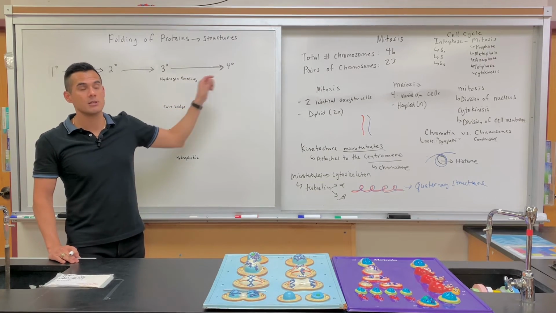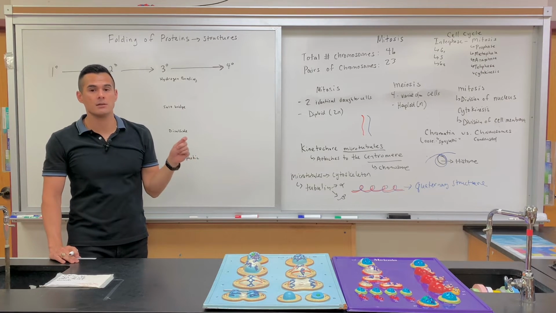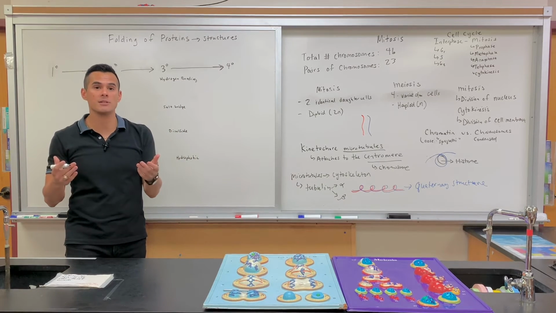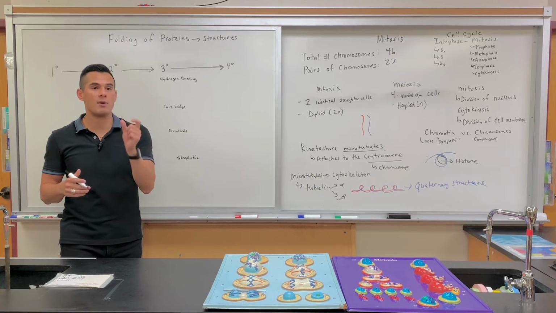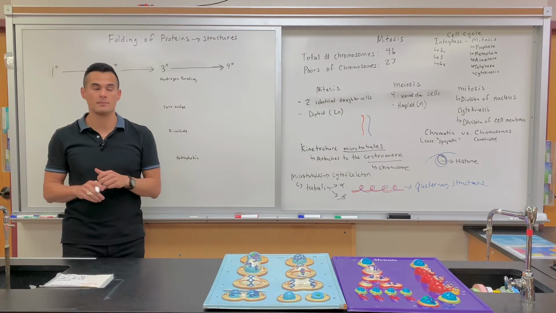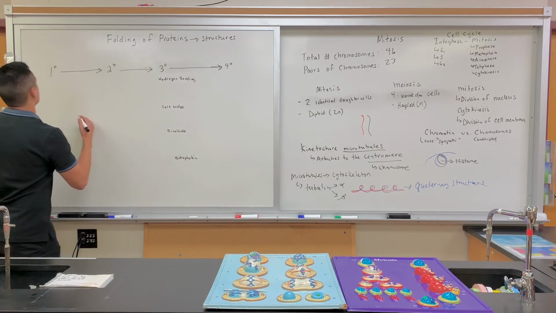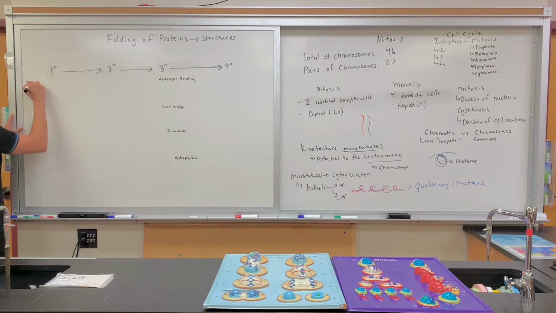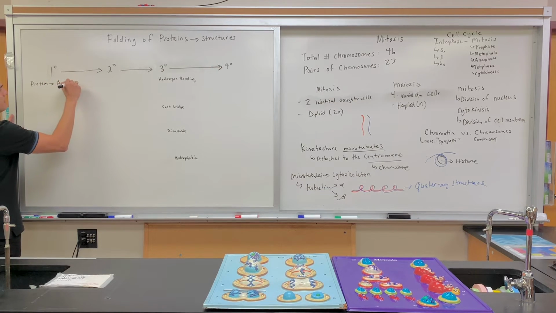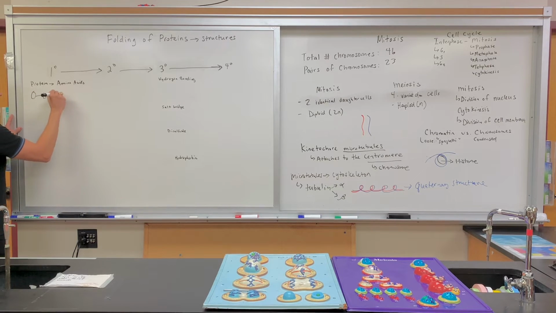So let me ask you this. What are proteins composed of? Proteins are polymers that have individual monomers. What are these monomers called? Amino acids. So we have our protein here that is composed of amino acids. So we'll have a long chain of them going like this.